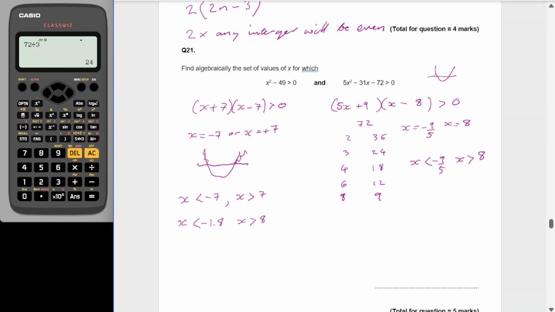Okay, so x has to be less than minus 7, or x has to be greater than 8. So that's my solution. X has to be less than minus 7, or x has to be greater than 8.